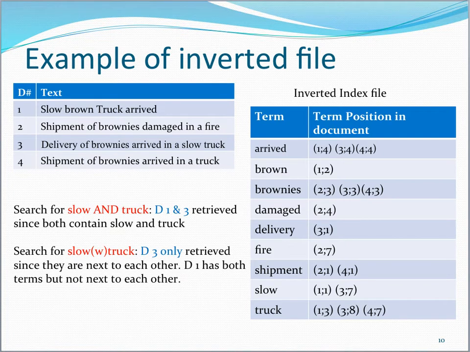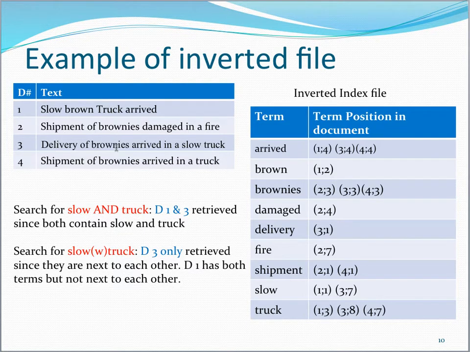Here we have an example of an inverted file. For example, we have the text: slow brown truck arrived; shipment of brownies damaged in a fire; delivery of brownies arrived in a slow truck; shipment of brownies arrived in a truck. And here we have the inverted index file, and we have the terms here. So "arrived" appears in document 1 in location 4, and in document 3 in location 4.